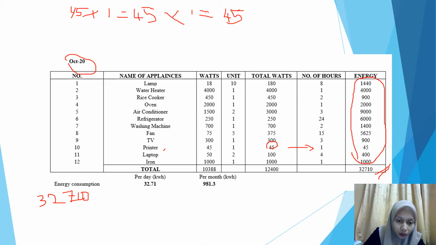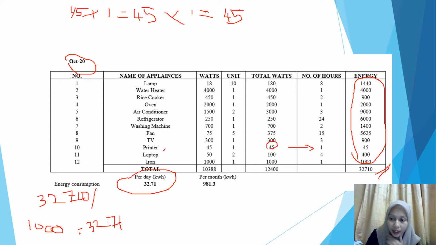So we want to calculate the kilowatt hour per day. We divide by 1000, and we get 32.71 kilowatt hour. And October has a different number of days, so we just multiply by 31 days.